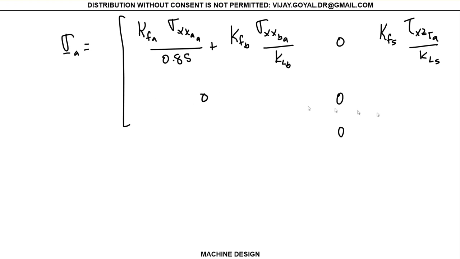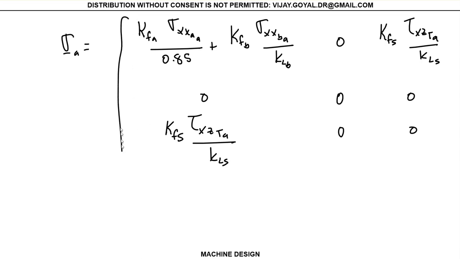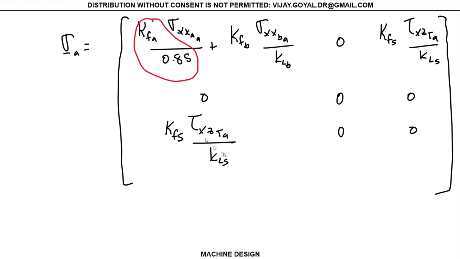Okay, this is 0, this is 0, this is 0, this is KFS tau XZTA divided by KLS. And as you can see in this problem, now the only thing that changed from what we did in the past is that we have these extra factors that we didn't have before, right? And we have to do this again.